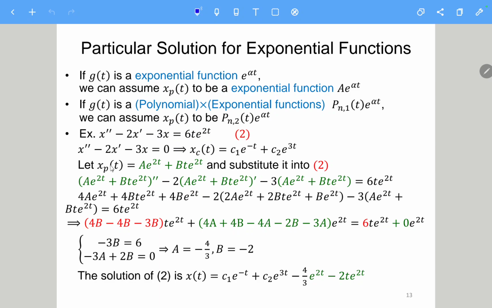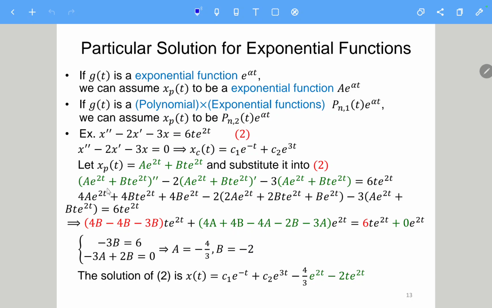And then the particular solution should be a first order polynomial multiplied by exponential 2t. So we have the constant a multiplied by exponential 2t plus b times t times exponential 2t. If you factor out exponential 2t, you will get a plus bt, which is a first order polynomial of t.